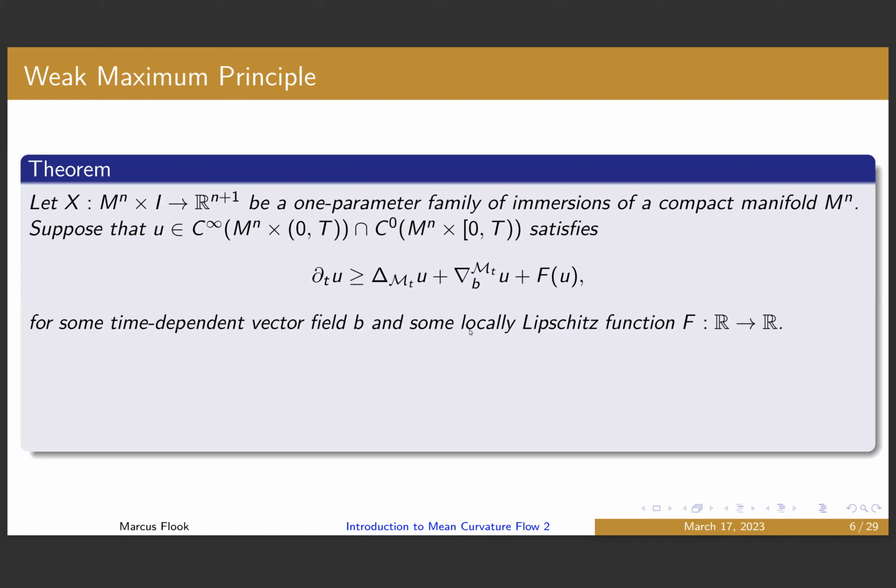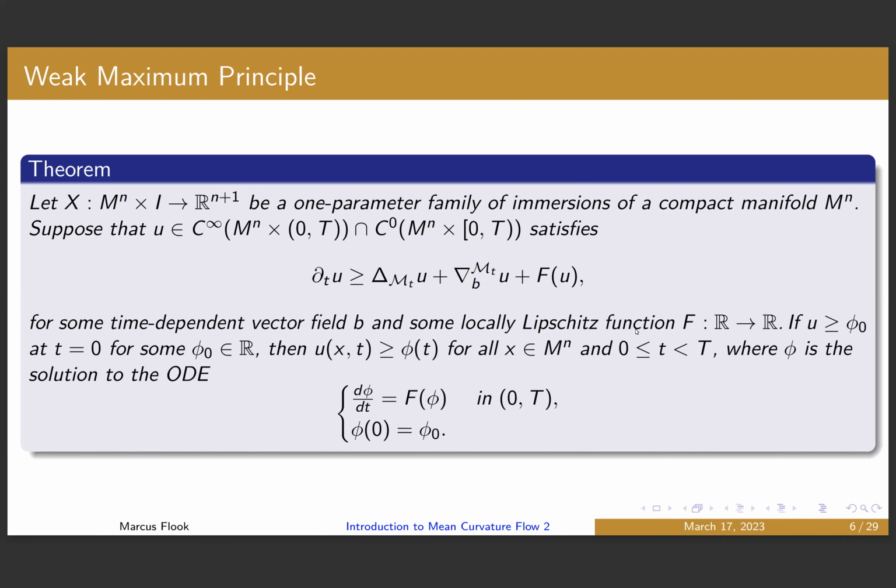And suppose that it's a supersolution to this problem here, where we have the time derivative of u greater than or equal to the Laplace-Beltrami of u plus some tangential gradient in the direction of a time-dependent field B, plus some locally Lipschitz function from R to R. Now, if our function is greater than or equal to phi naught at some initial time for some real constant, then this function is going to be greater than or equal to phi t for all points on the manifold and for all times at which this solution exists.